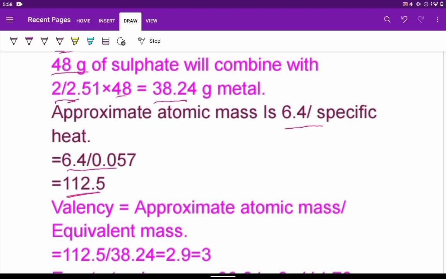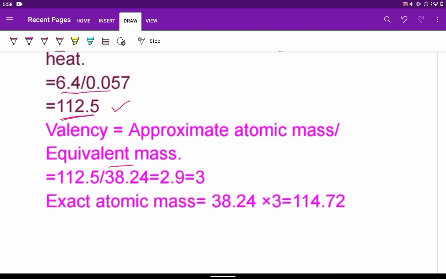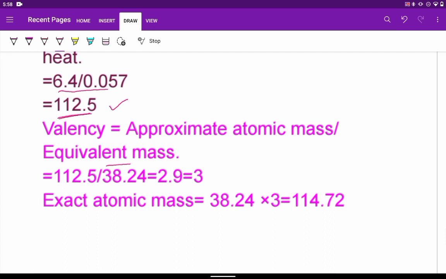Valency is equal to approximate atomic mass by the equivalent mass. The equivalent mass we have already calculated to be 38.24, because 48 grams of sulfate can combine with 38.24 grams of the metal. Dividing 112.5 by 38.24 comes out to be 2.9, approximately 3. So we found the valency.